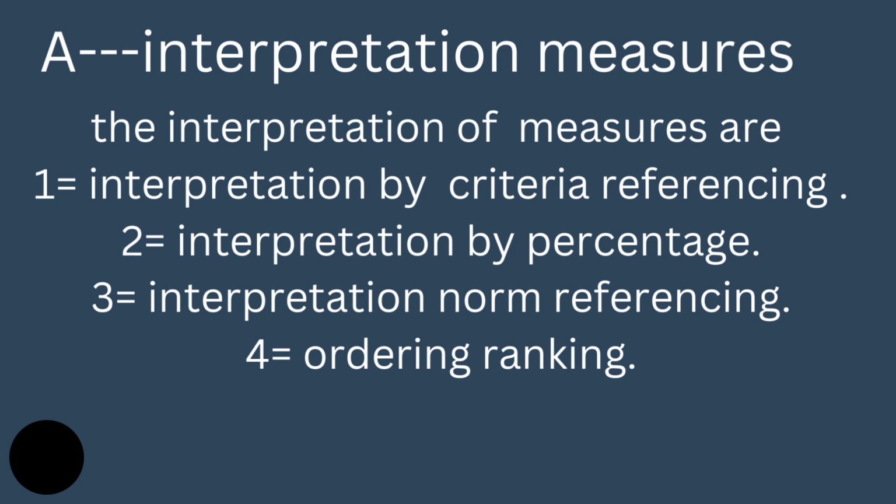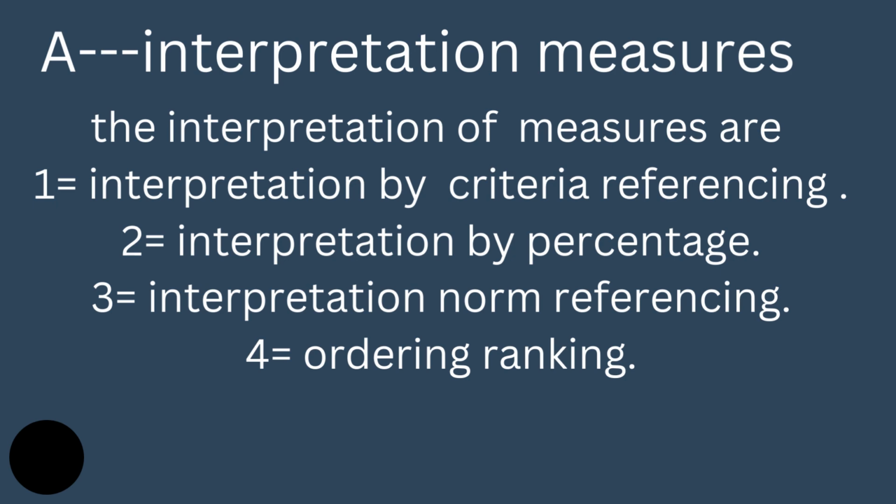A quick look: criteria referencing involves scoring a person without any comparison to the score of another person, where the percentage is the score in relation to 100, and the interpretation of norm referencing is that the score is put in a rank from low to high level, where ordering ranking is deciding the order of the ranking.